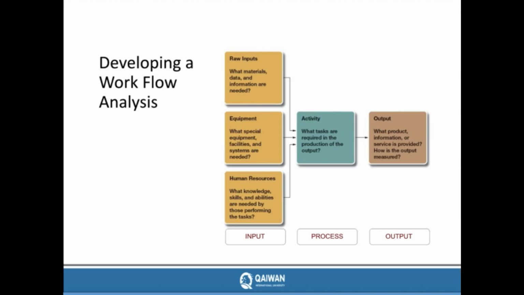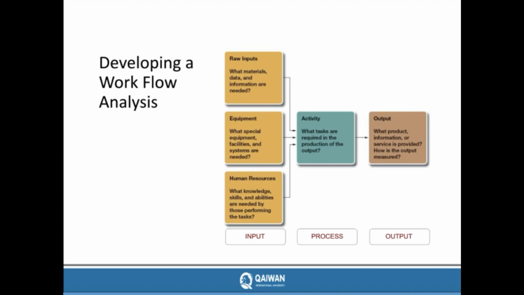For example, a chef must know how to cook, and a lecturer must know how to teach. So these are the inputs: human, equipment, and materials, data and information.